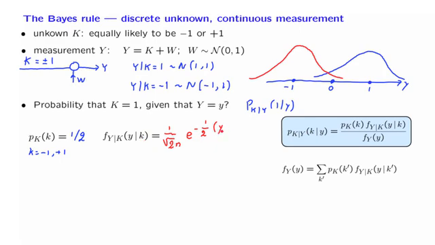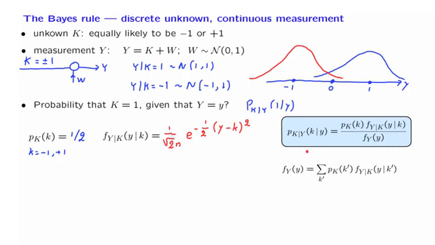But given the value of k, the mean of y is equal to k, plus or minus 1, depending on what k is. So this is the PDF of a normal with unit variance and mean equal to k. And when you set k equal to 1, it corresponds to this graph. When you set k equal to minus 1, it corresponds to that graph.